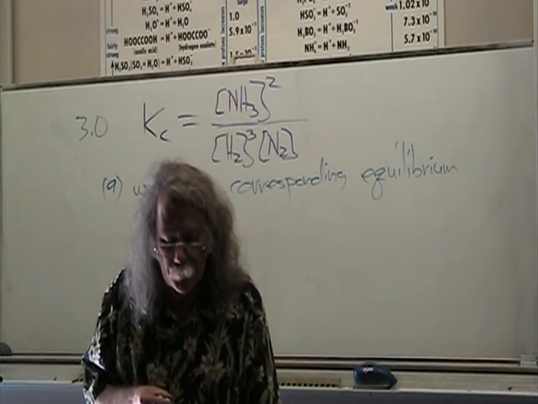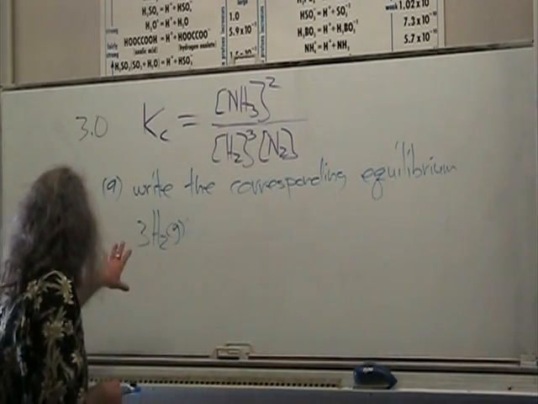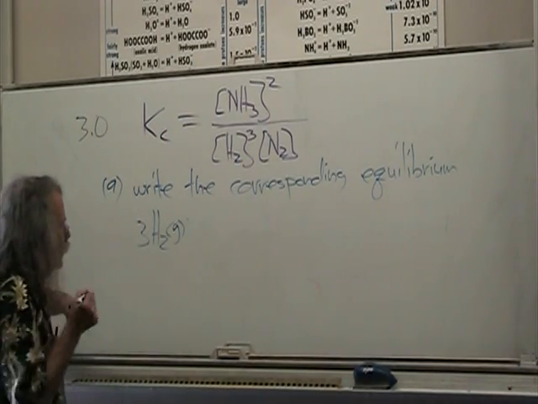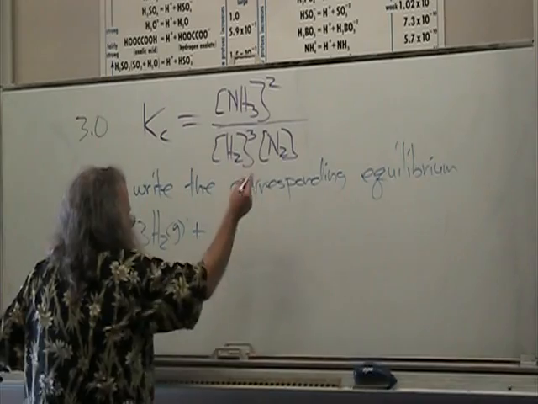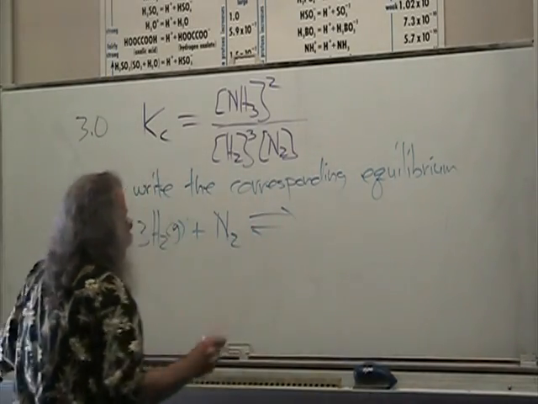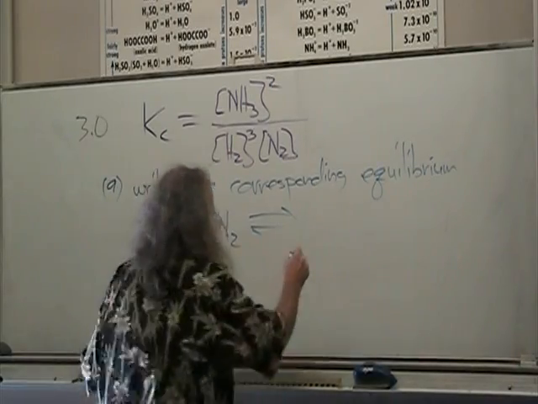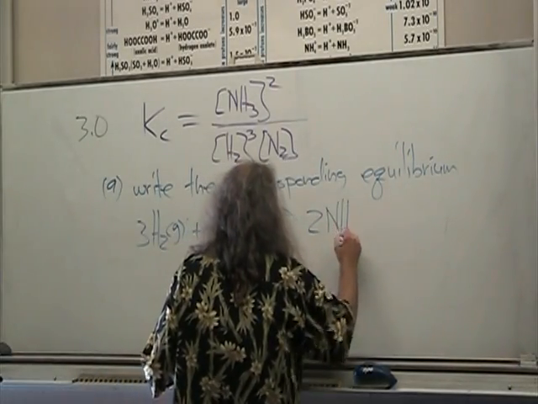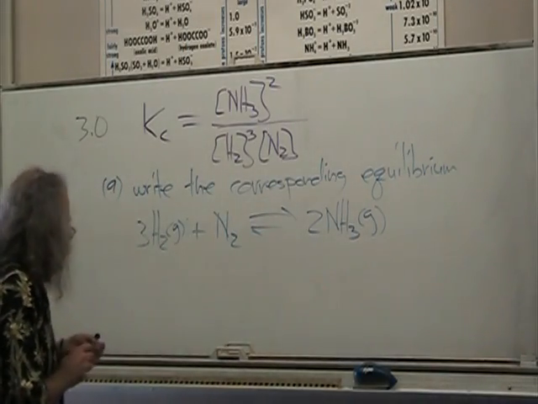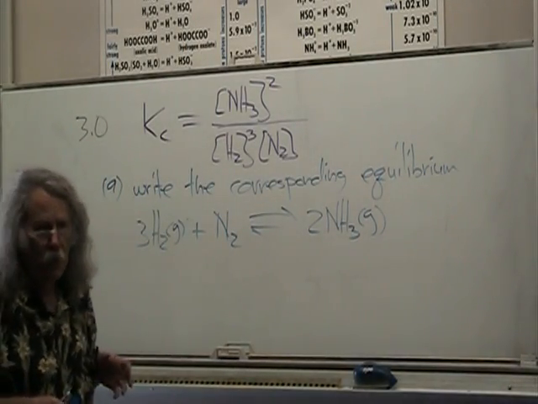So here I am, 3 hydrogens, gas, plus N2. It's going to be in equilibrium with 2NH3, 2 moles. And like I say, this one's done on an industrial scale every year.